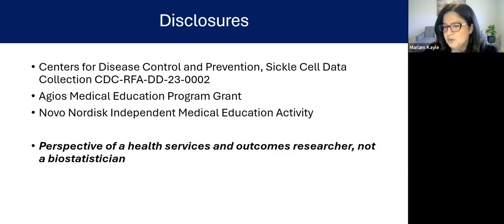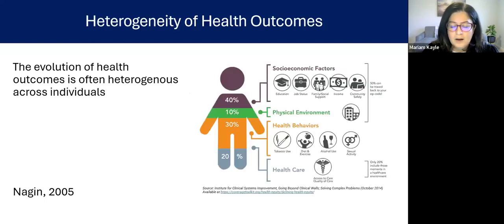How can we use it to really understand health outcomes over time? I'm sure this is not new for the researchers in the room and the biostatisticians. Health outcomes are not homogeneous, and this could be because of variable factors, not just biological, but also the physical environment and the social determinants of health that impact health outcomes over time.